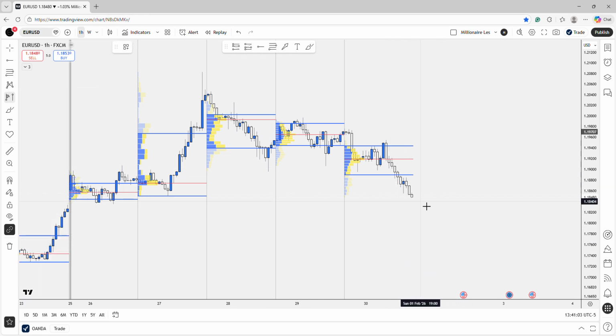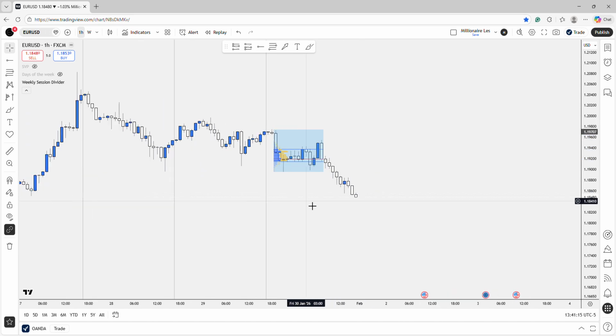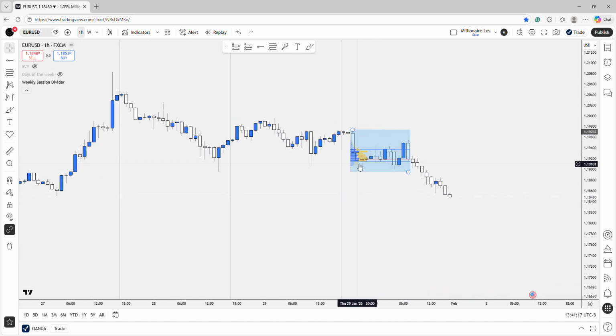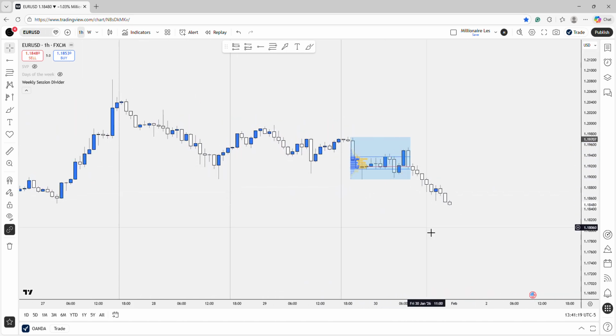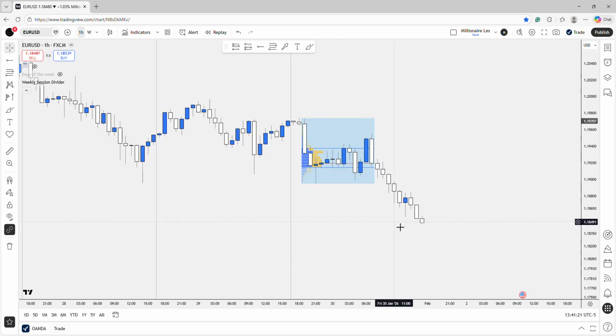So, prime example, because price consolidated right here, right? I'm going to draw this volume profile in this consolidated zone, take off my session volume profile, and then I see, okay, price consolidated in this area. Why? Okay, cool.